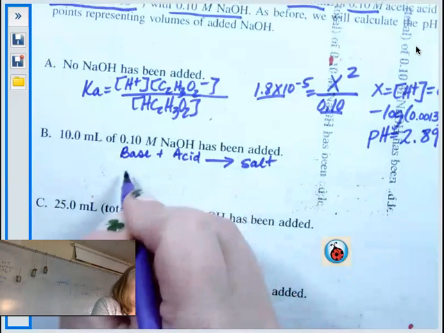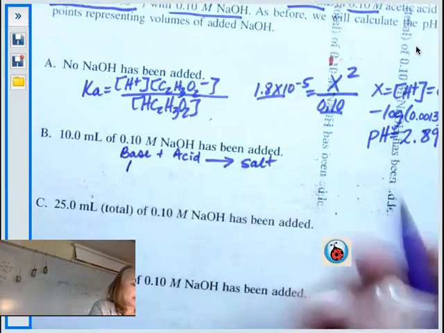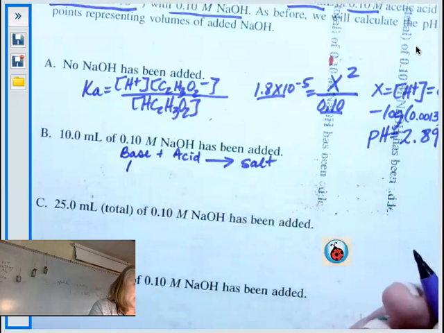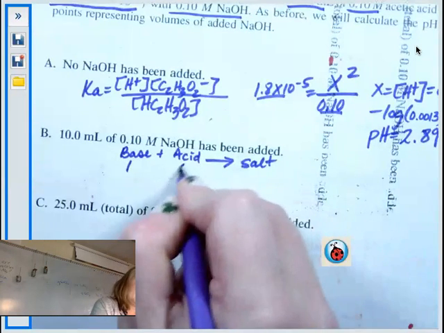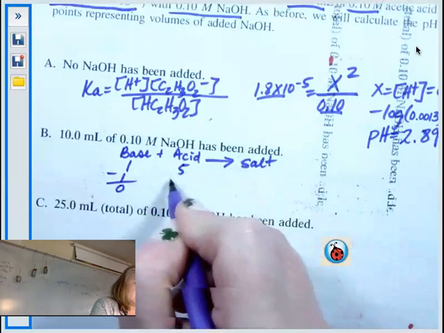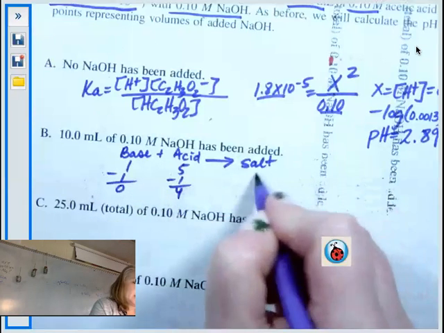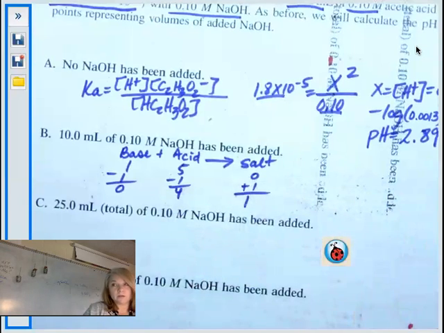So let's find millimoles of base. We have 10 times 0.1, that'd be 1. Acid, we have 50 times 0.1, which is 5. So the base is all gone. The acid, we still have 4 millimoles of that. And our salt, we have 1 millimole.